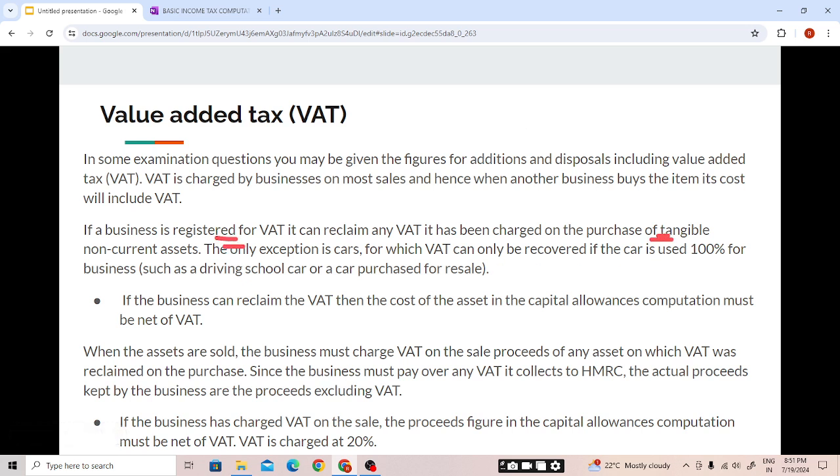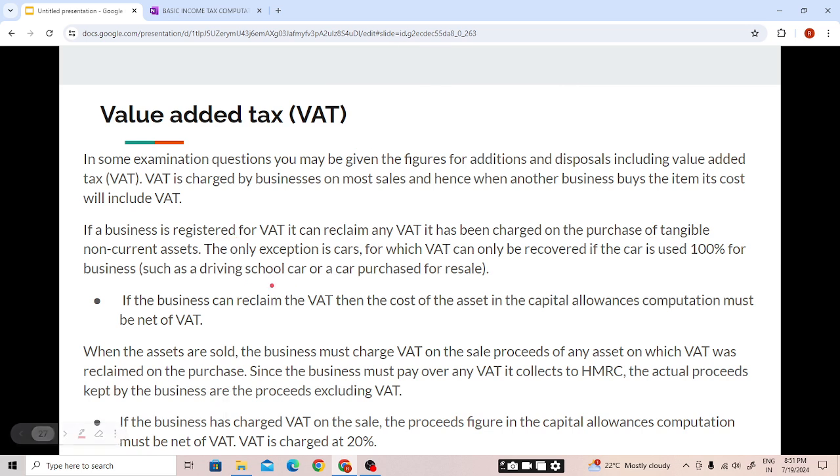So when we are calculating our capital allowances, we use the original cost. When we purchase, the VAT will be included, but if you are VAT registered, you will be able to reclaim it, so do not include the VAT value.